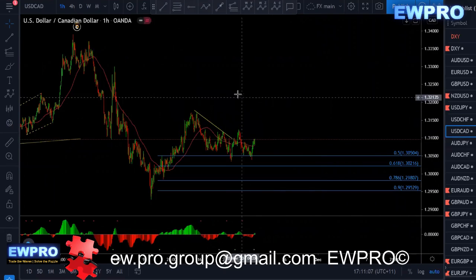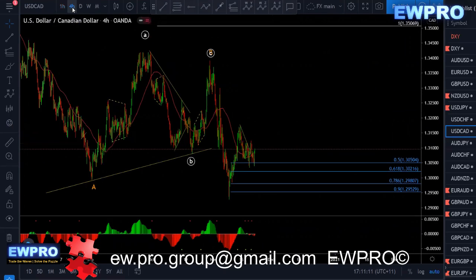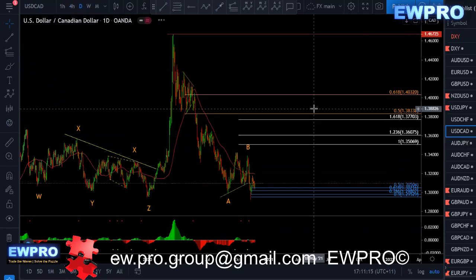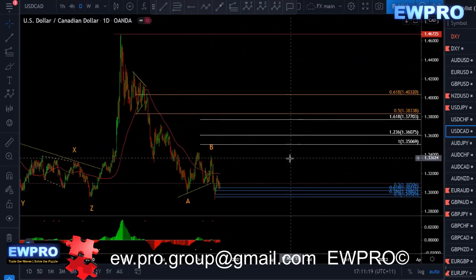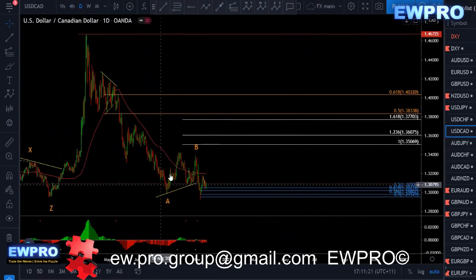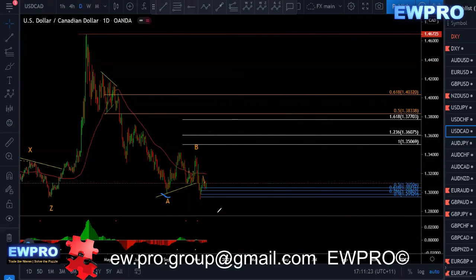USDCAD. USDCAD on the daily, we got the lower low, and we do have that bullish divergence. So you can look for buys on this one.